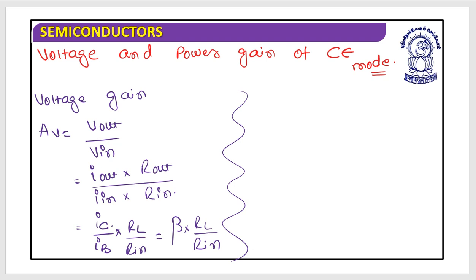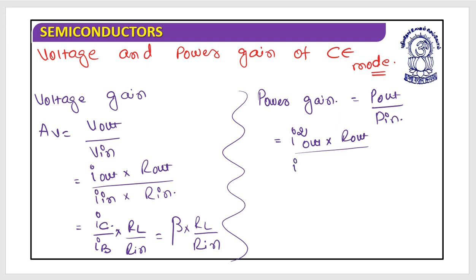Now let's discuss the power gain. It's P output to P input, which equals I square output multiplied by R out divided by I square input multiplied by R input.